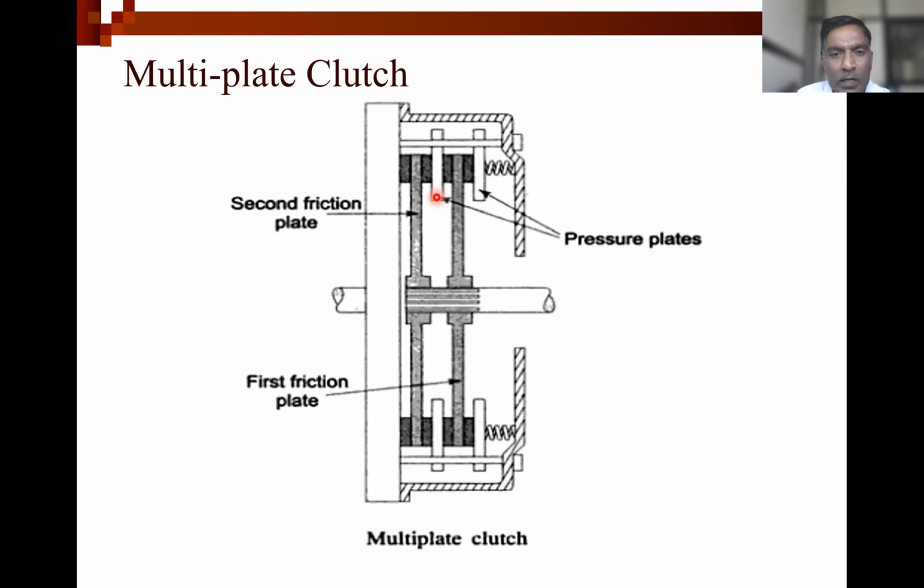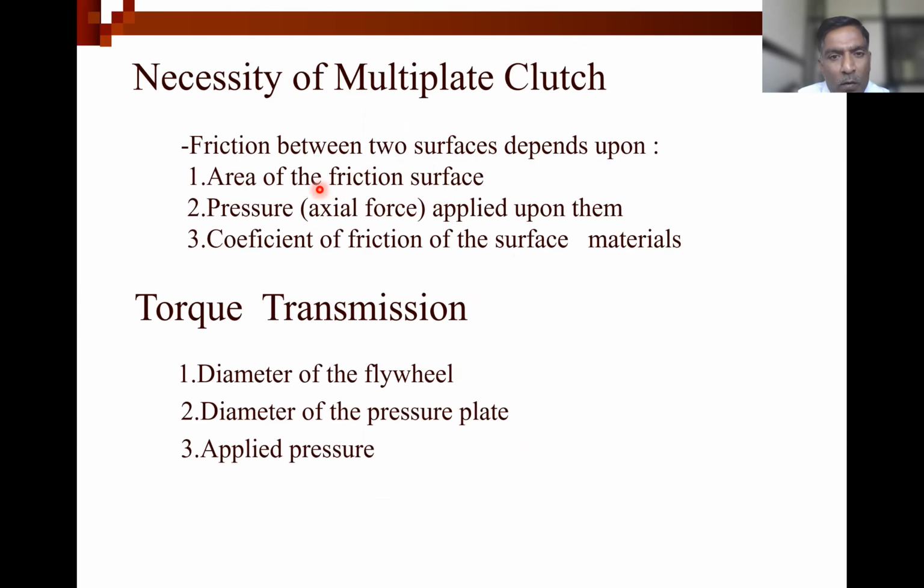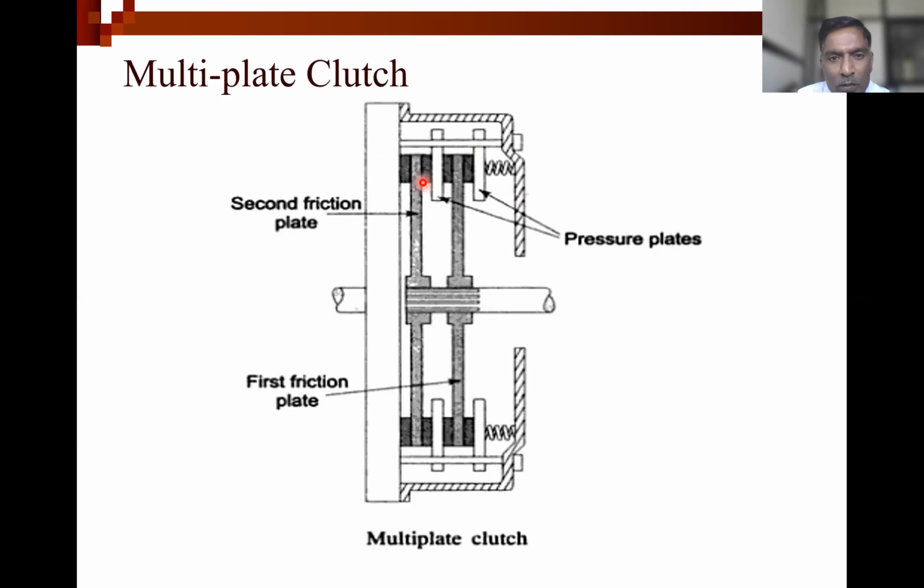It will also increase the area of the friction surface. So whatever coefficient of friction is available, and suppose this is the frictional plate or clutch plate which can transmit 100 Newton meter.